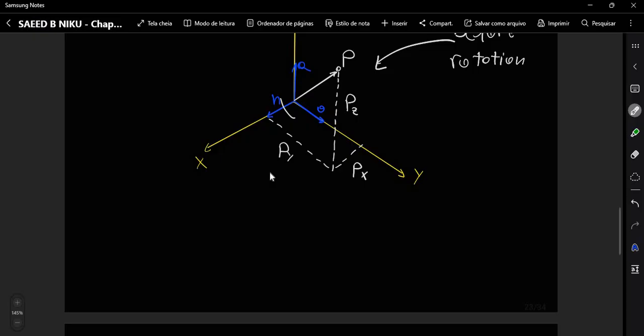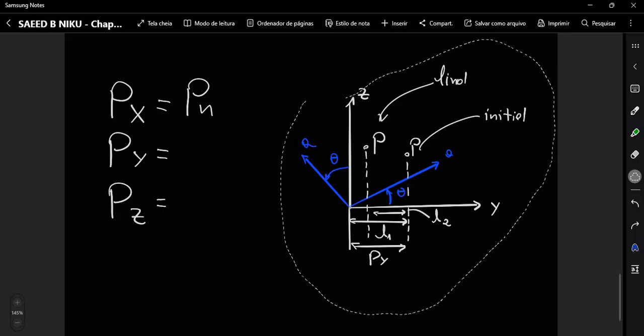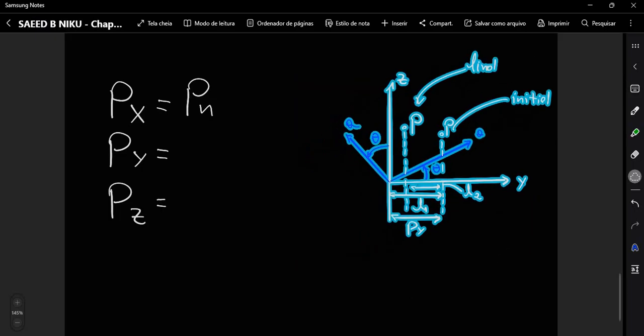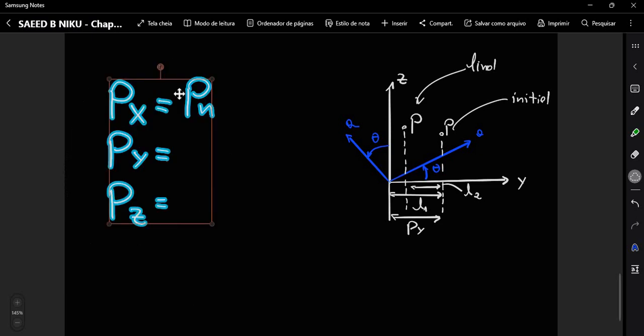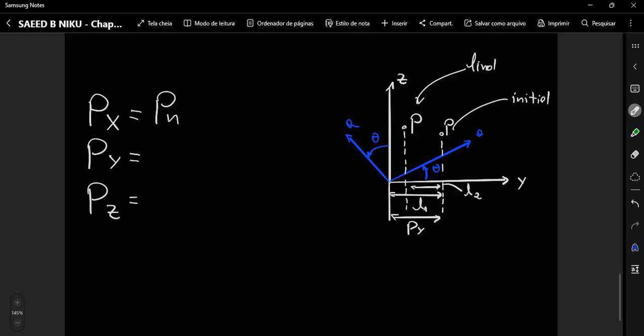The unit vector N is pointing in the same direction as the axis X, so it doesn't have any change. So it's going to be Pn, and Py is equal to L1 minus L2, which is equal right here.